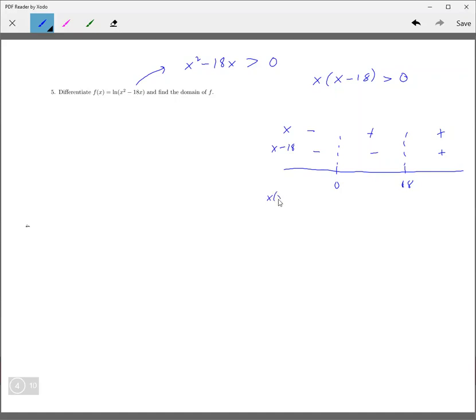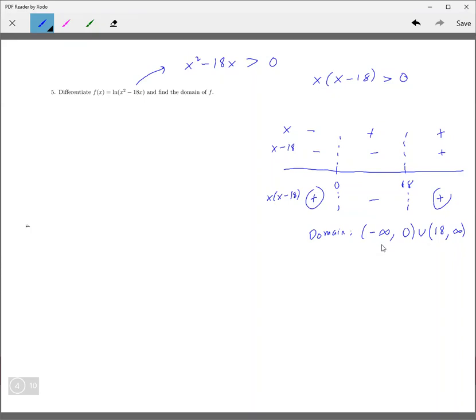And so the product is going to be positive here, negative there, and positive here. So that means the domain is everywhere where it's positive, so it's these places right here. That's negative infinity to 0, union 18 to infinity. Okay, that's going to be the domain.